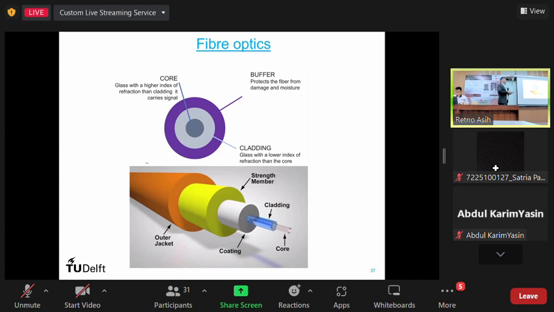So, fiber optics. This is another method that is being used mainly for strain monitoring, and also for other purposes, moisture monitoring and a few others. How it works: you have this structure that has some coating and elements, but also you have the core with a higher index of refraction than the cladding.